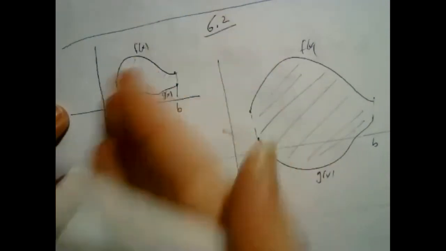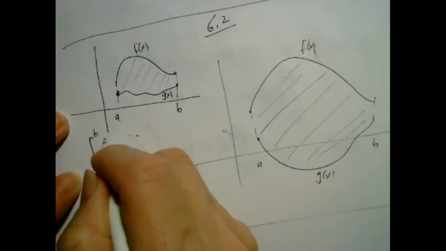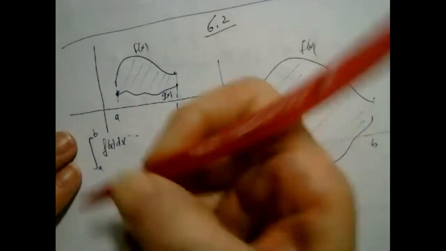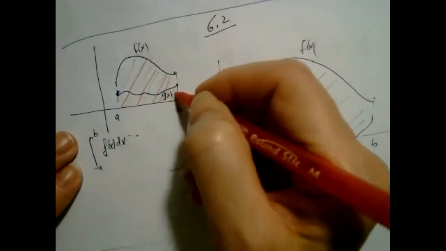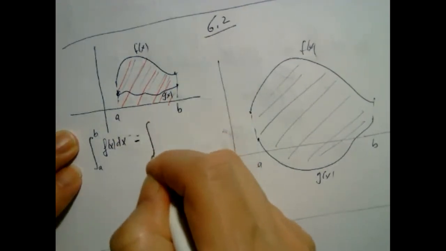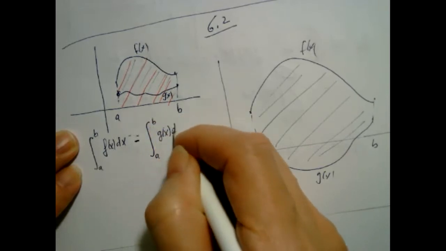Here's your classmate. She's telling me, in this easy scenario, take the integral from a to b of f of x dx. Both f and g are positive, so this gives you the area of this region in red. Take away from it the integral from a to b of g of x dx.